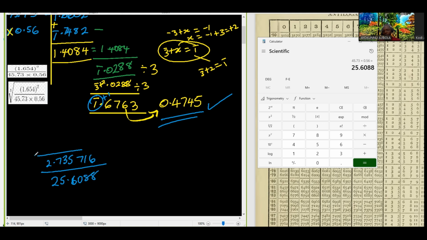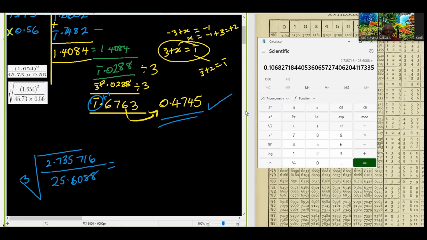So I want to find the cube root of all of this. So I'll first equate the first figure, 2.735716 divided by 25.6088. So this gives me this whole lot of numbers, 0.1 something, and I'm going to get the cube root of this.